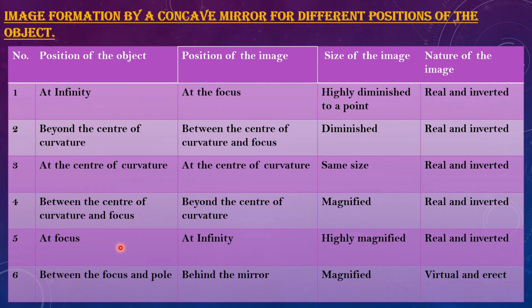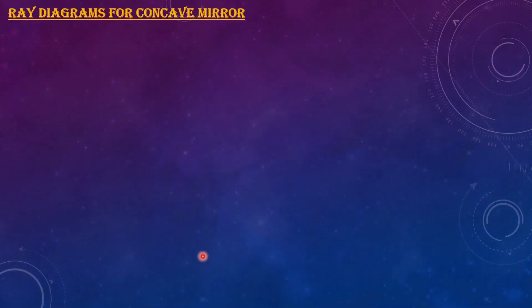Now, when the position of the object is at focus, the position of the image is at infinity. Then the size of the image will be obviously highly magnified, and the nature of the image will be real and inverted.